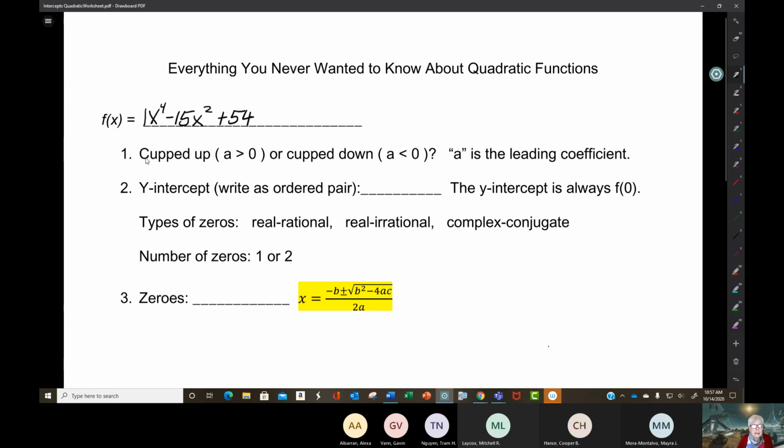Is this going to be cupped up or cupped down? Well, think about your end behavior. The highest degree is even, and the leading term is positive. That is, the leading coefficient is positive. So this is going to be out at positive and negative infinity, cupped up.